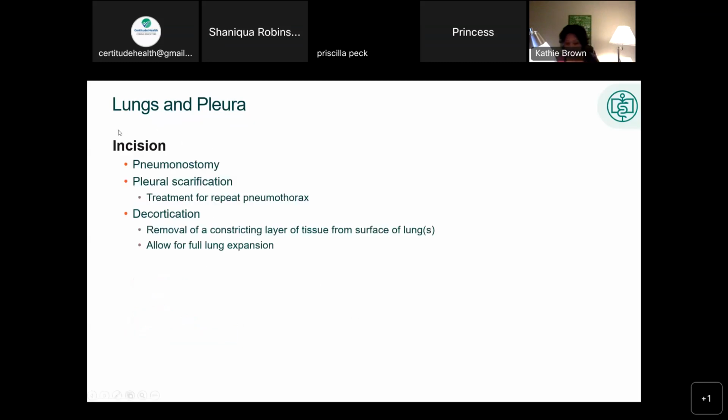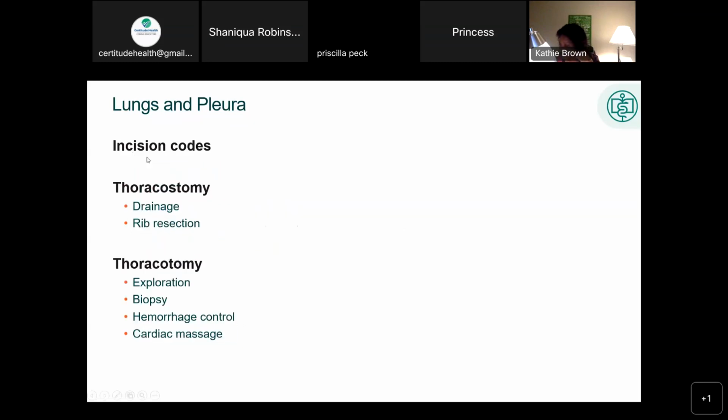But anyways, I'll go back to that right quick. Thoracostomy, suffix costomy, is when they are creating an artificial opening for the purpose of drainage. Thoracotomy is when they are cutting it wide open, busting it open so that they can do exploration, using the example of a bullet that they're trying to remove.